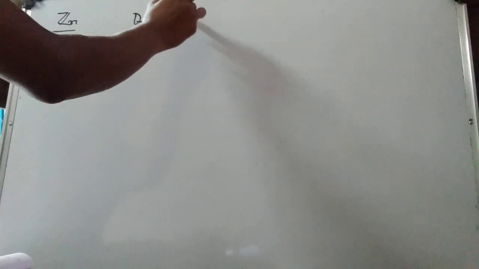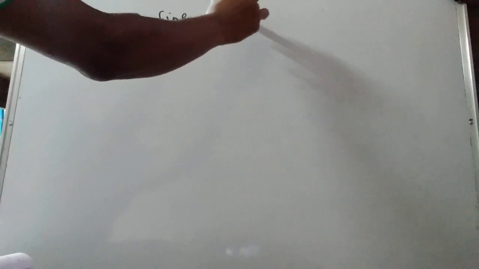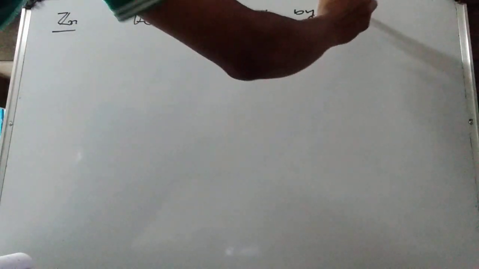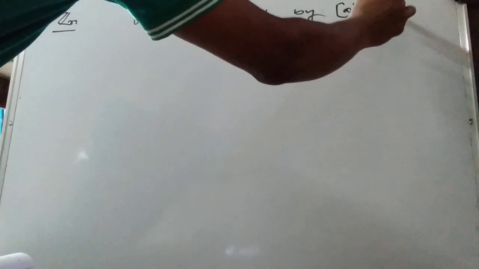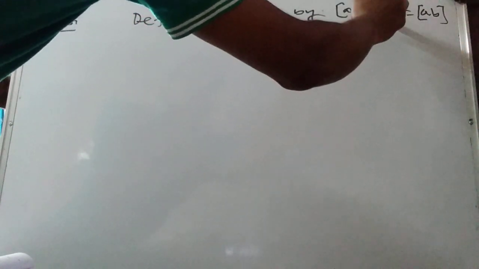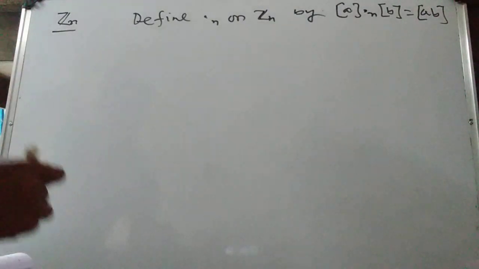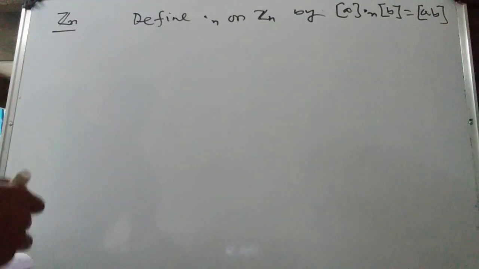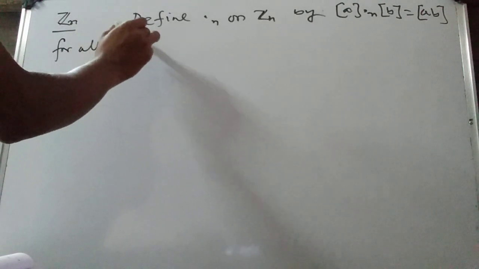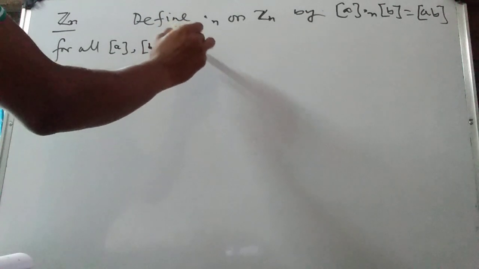Here we also define dot n on Zn by class A dot n class B equal to class of AB, for all class A, class B belonging to Zn.